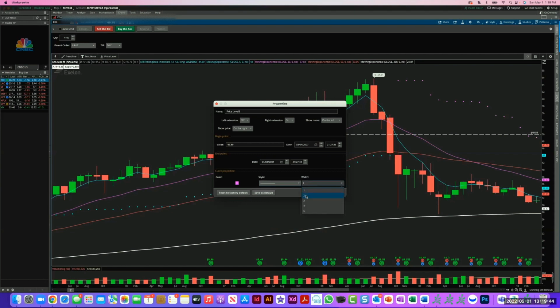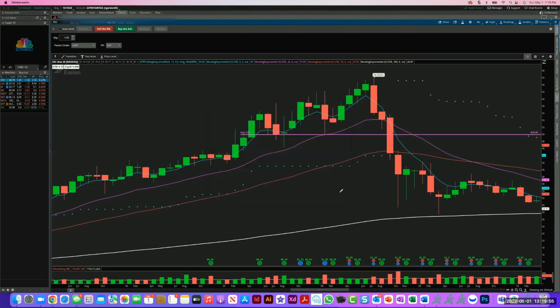And I'm going to call this algorithmic support and resistance, because based on this method, I believe that this is where machines typically either buy or sell based on past behavior of the stock. Now we are above.